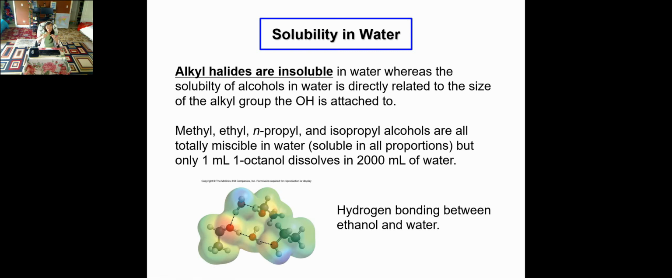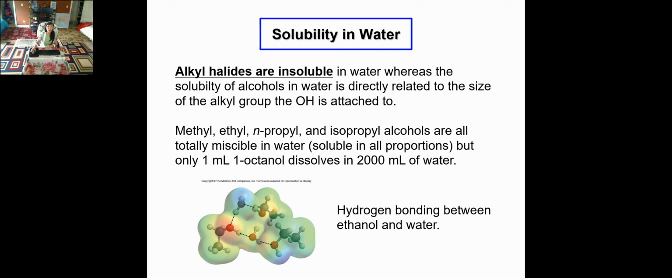When you increase the number of CH2 groups, such as 1-octanol with 8 carbons, 2,000 milliliters of water only dissolve 1 milliliter of octanol. The reason is that the CH2 unit is considered hydrophobic. Hydrophobic does not like water, so the solubility decreases.